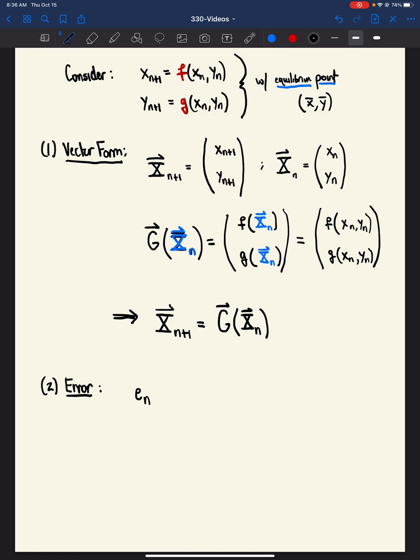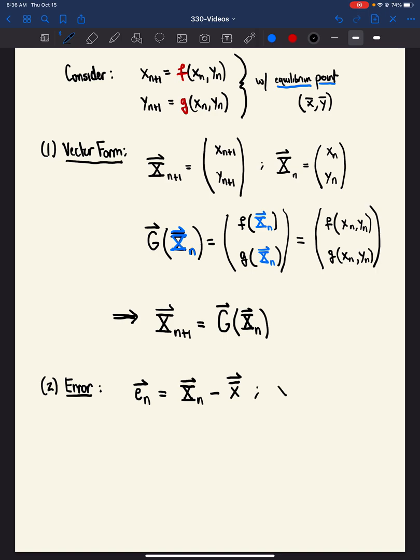But since we have multiple iterative values, just like we have x bar, y bar, we define a vector error function to be the difference between our vector of iterative values and that equilibrium point that I guess we'll define in a second, but this is going to be x bar equilibrium point.